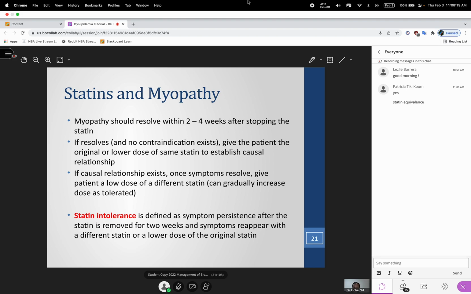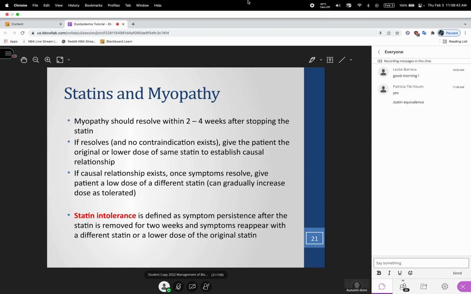PCSK9s and statins are almost identical in their resistance patterns, in the things that cause problems with statins. So you really can't give a PCSK9 if the patient has hepatotoxicity. So yes, ezetimibe would be your next best bet.